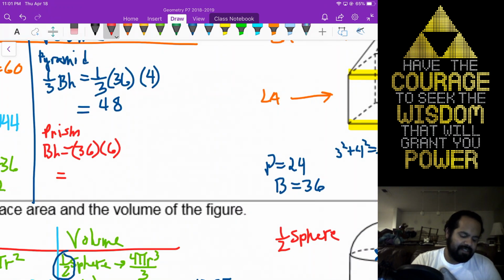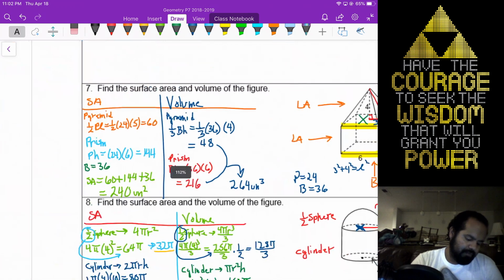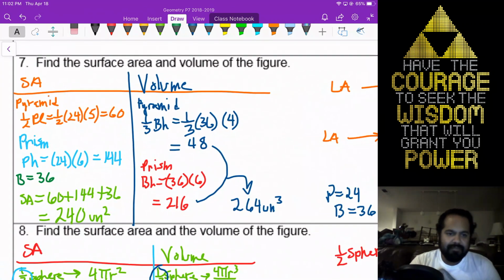So 6, 36, 216. So that means for this, my total volume is going to be me adding those two together. So 8 and 6 is 14. Carry the 1, that's 5, plus 1 is 6. So 264, and then don't forget units cubed. All right, that's number 7.